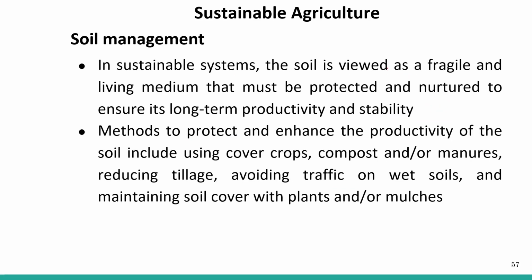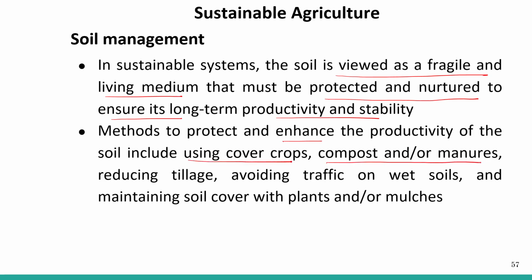In a sustainable system, the soil is viewed as a fragile and living medium that must be protected and nurtured to ensure its long-term productivity and stability. Methods to protect and enhance the productivity of the soil include using cover crops, compost or manures, reducing tillage, avoiding traffic on wet soil, and maintaining soil cover with plants or mulches.